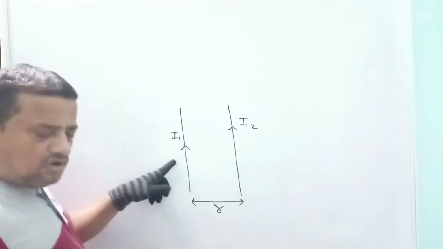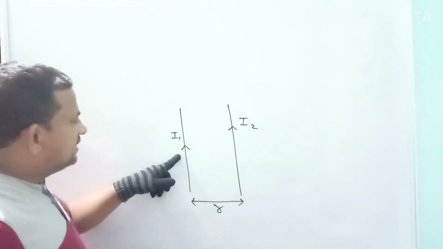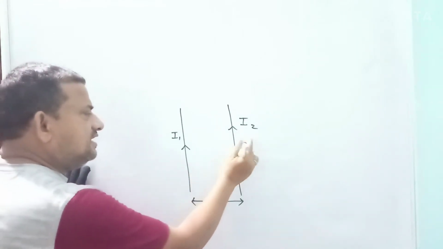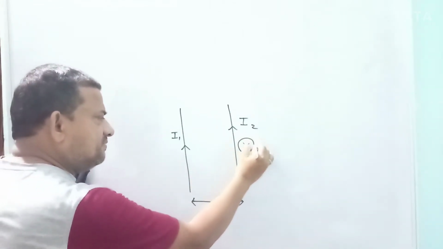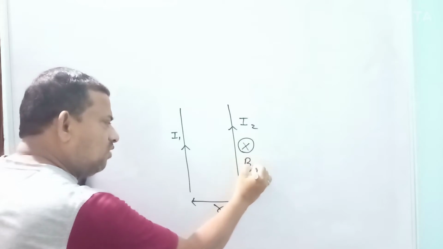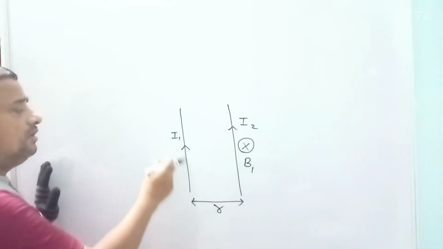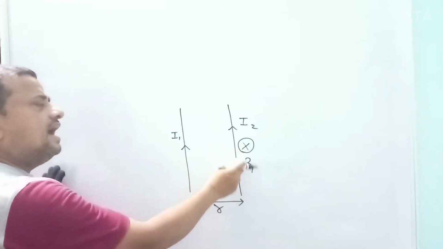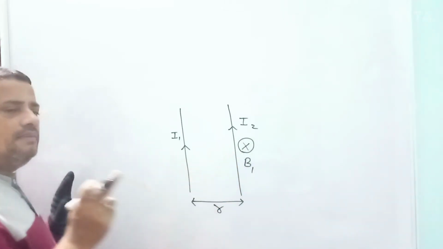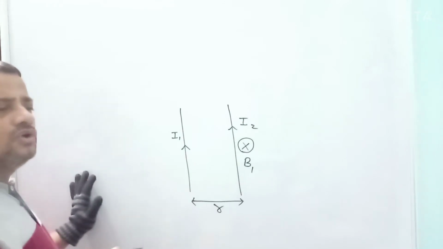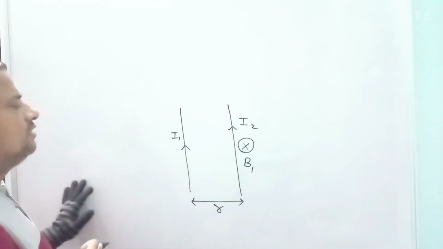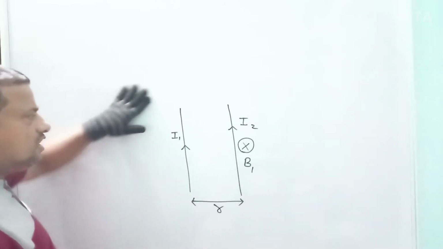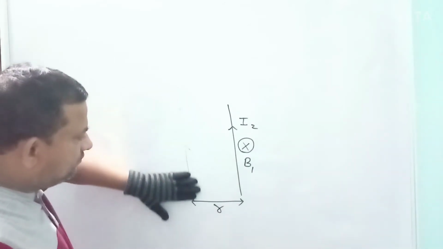Now, for the conductor carrying current I1, the magnetic field here is the inward magnetic field B1. By applying the screw rule, you get the inward magnetic field. You just forget this now.